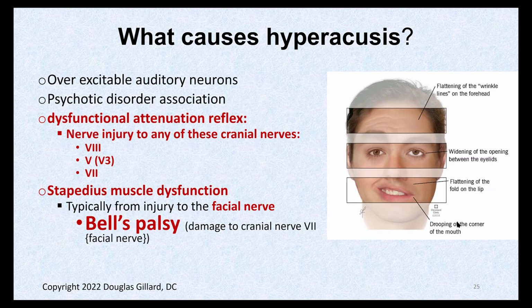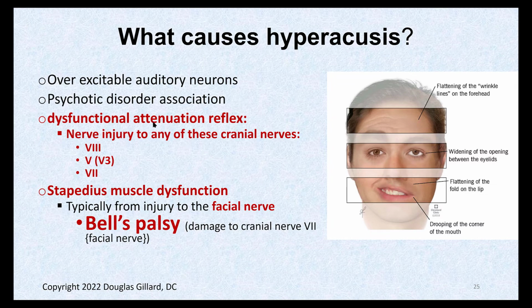What is the cause? Again, it's debatable, but the auditory neurons that we talked about might be hyperexcitable, similar to people with chronic pain. Their incoming pain fibers tend to be hyperexcitable. A lot of psychiatric disorders are associated with this, including severe depression, anxiety, obsessive compulsive disorder. Those people tend to get this more than regular people.